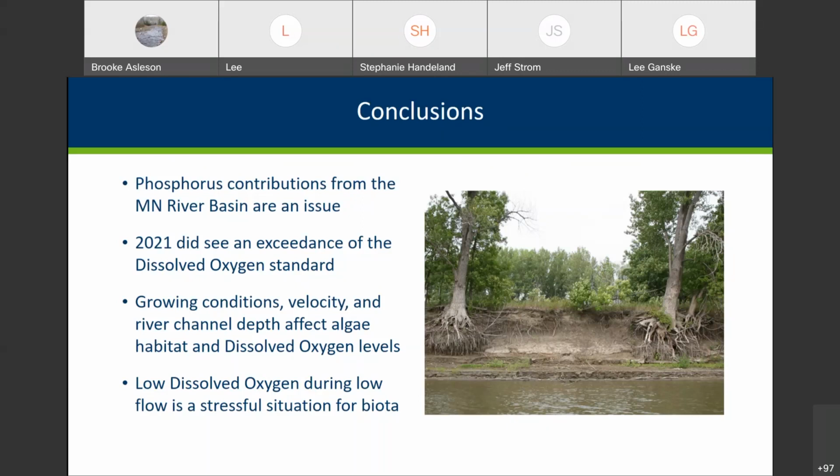And then the main point: low dissolved oxygen during low flow warm conditions is stressful on biota, which is what the impairment is addressing through the aquatic life piece.